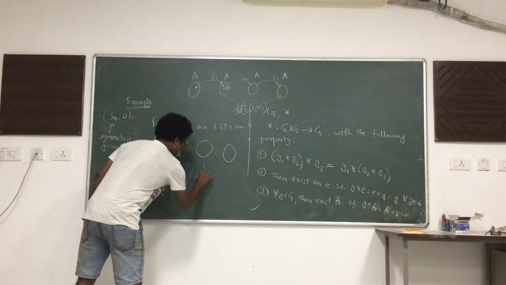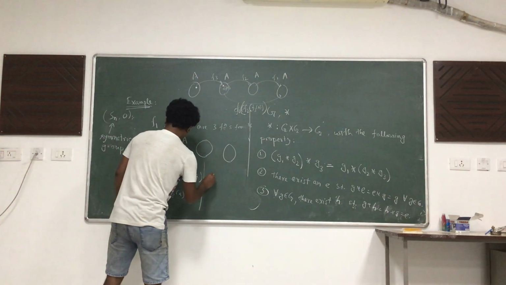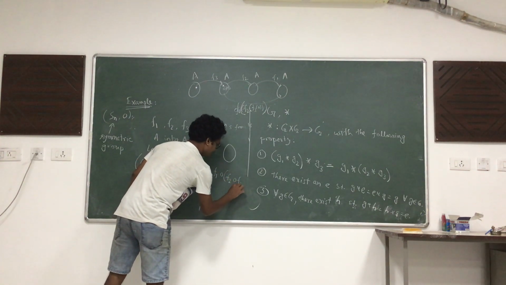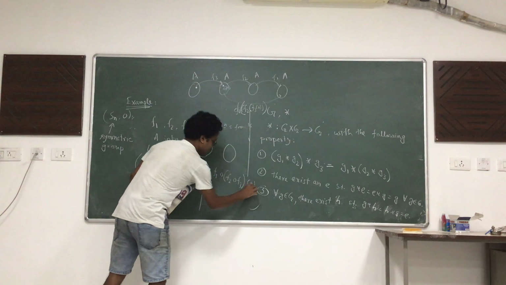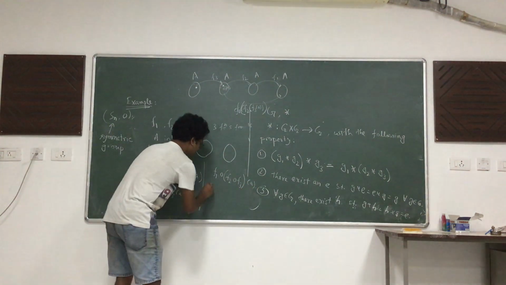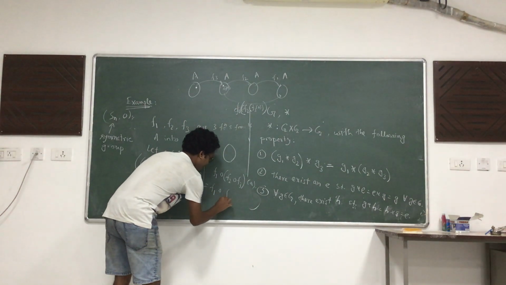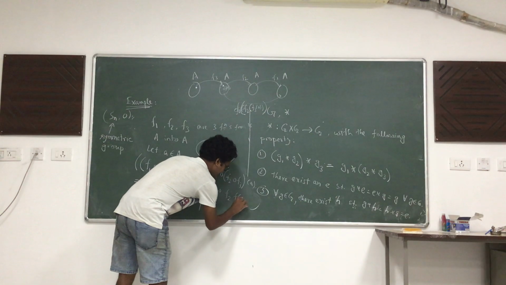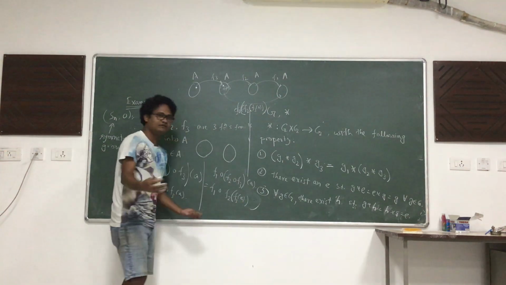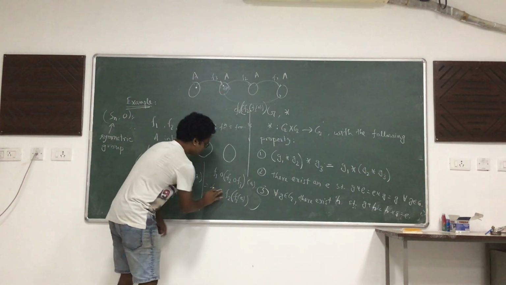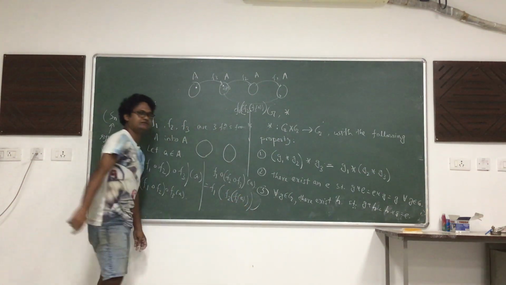Now if you take the other way around, F1 composed with F2 composed F3, on a. This is now trivial, it is essentially defined to be F2 of F3 of a, and then F1 acts on this.